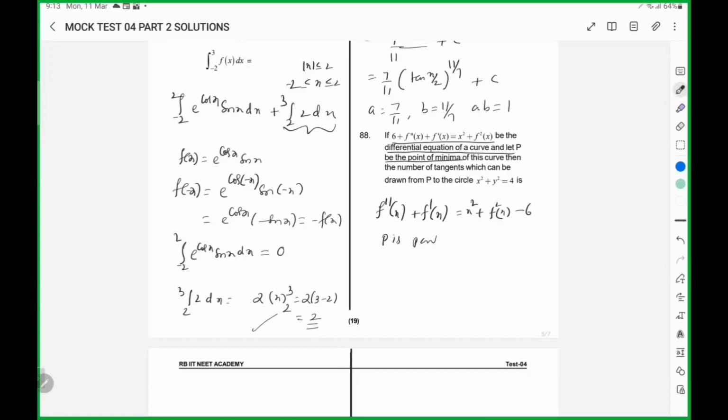It is the point of maximum and f double dash x1, so point of minimum. F dash, the minimum means f double dash x1 is greater. So left hand side, one is 0, other is greater.